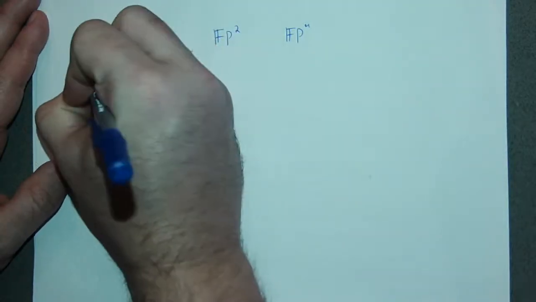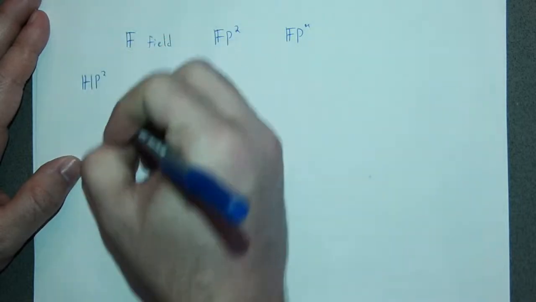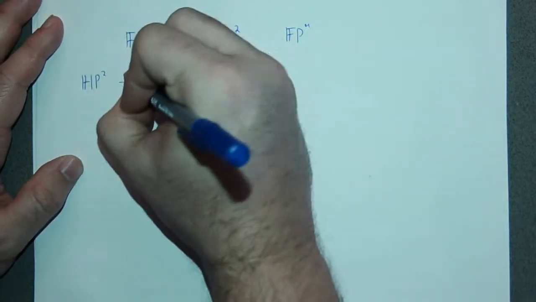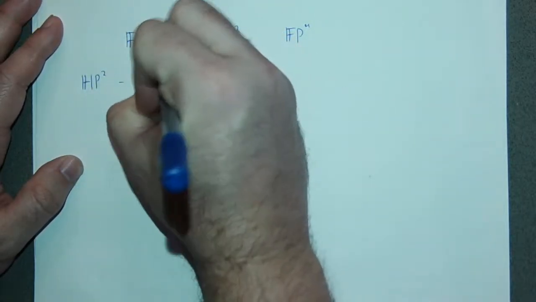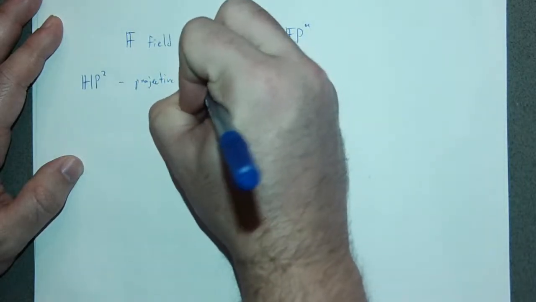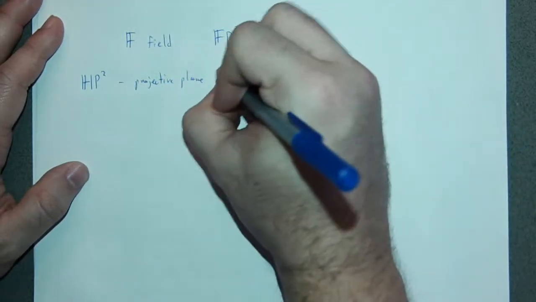We could generalize that to any dimension n. And so we could actually do this for the quaternions even though they're not a field. So in the same way, we could construct HP2. So this is the projective plane over the quaternions, or the quaternion projective plane.